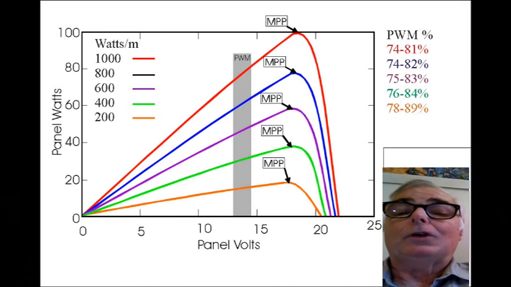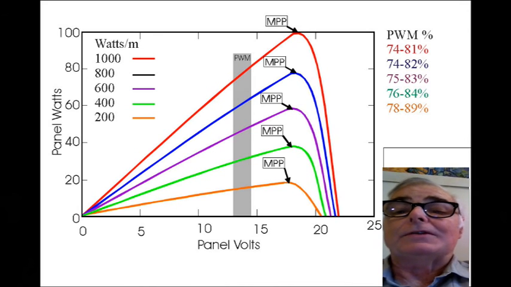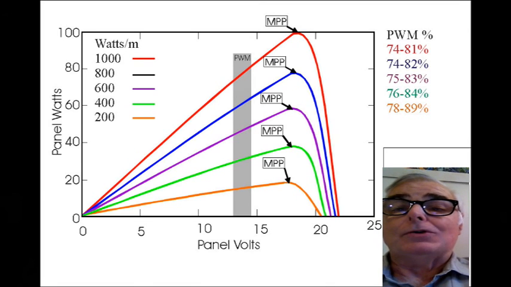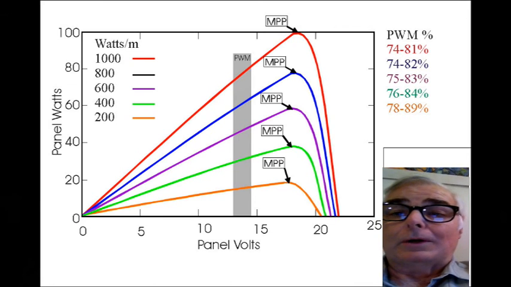So there are a couple of conclusions we can draw from this. If you have a PWM controller, it's going to be at least 10% worse than an MPPT controller, independent of conditions, and potentially as much as 25% worse, simply based on the intensity of sunlight and the way solar panels work.